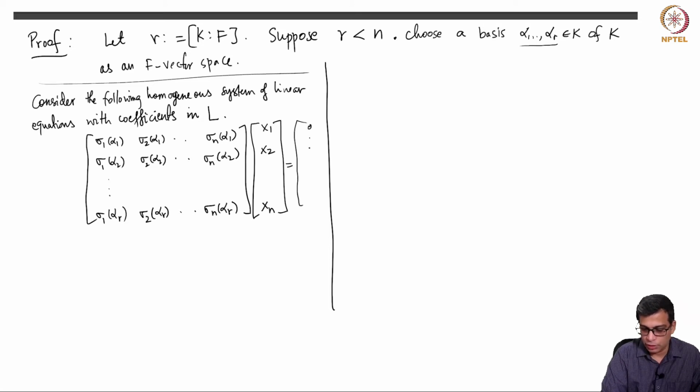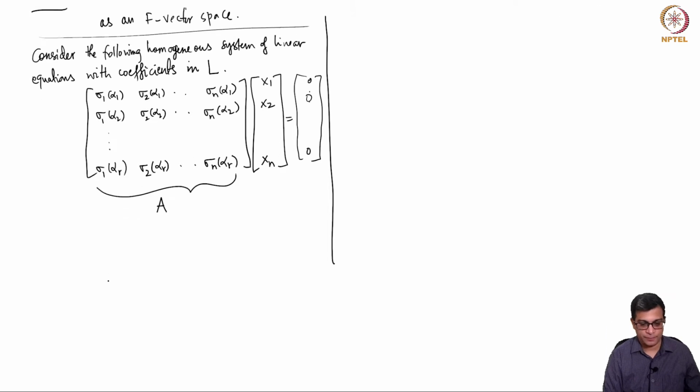So, this is a homogeneous system of equations. So, if you think of this as a matrix A, what is the size of A? There are r rows corresponding to alpha 1, alpha 2, alpha r, and n columns, sigma 1 through sigma n.